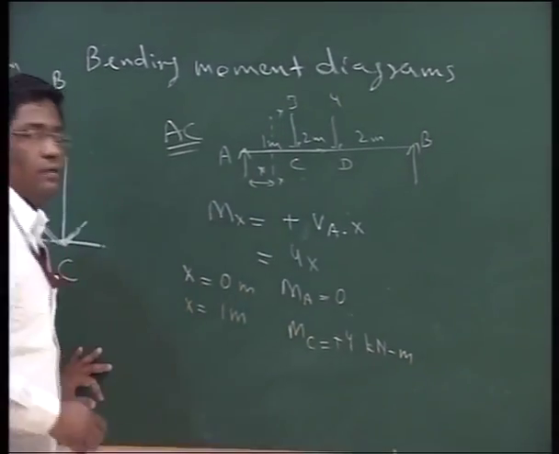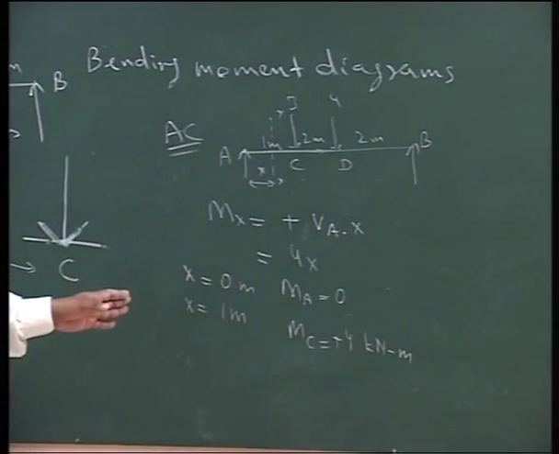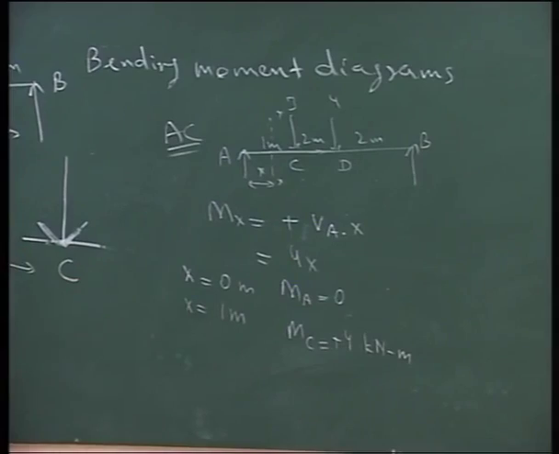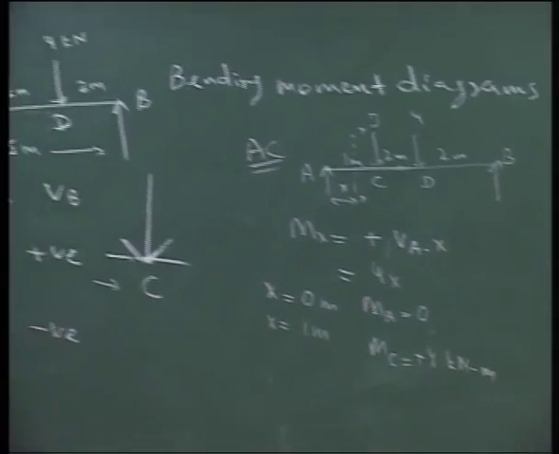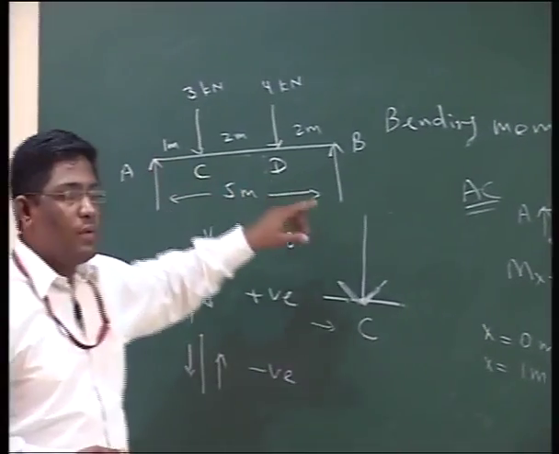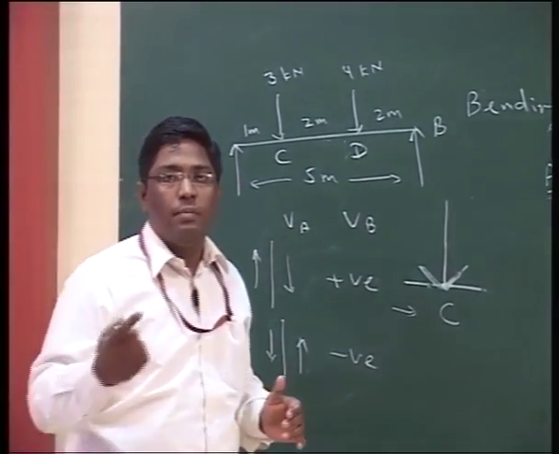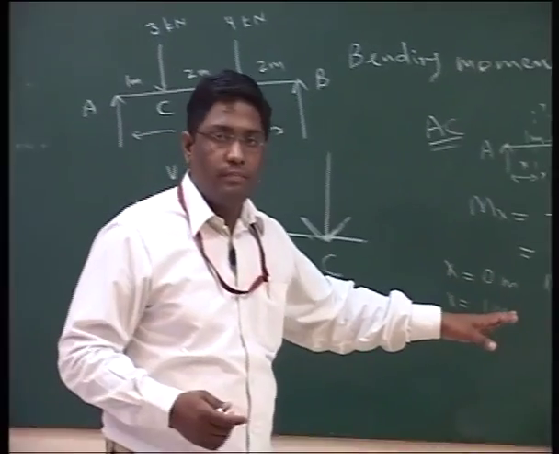Now this value of MA equal to 0 is already known to us, because when we were finding the reactions, we took bending moment at point A or point B, and we knew already that at point A or point B the bending moment will come as 0.